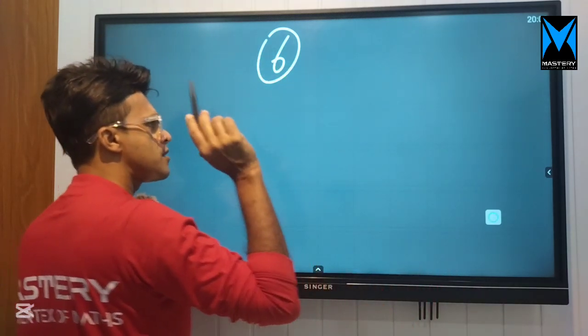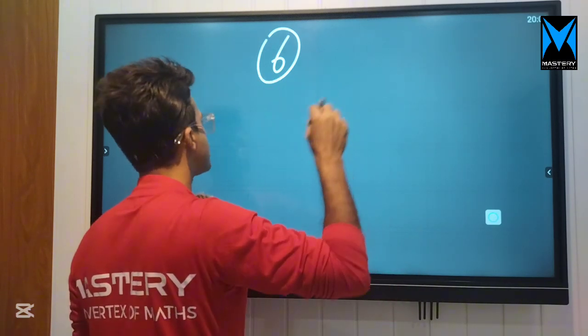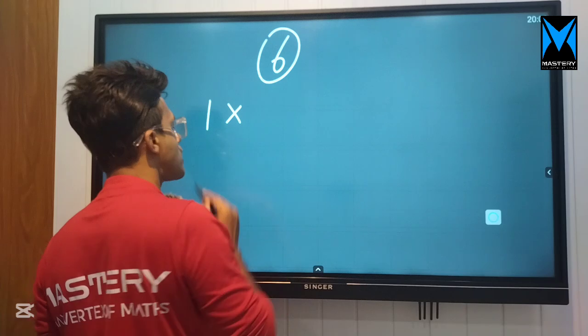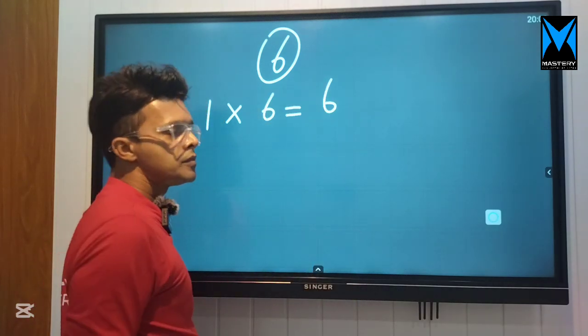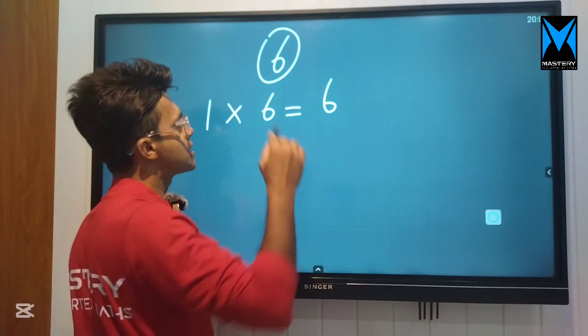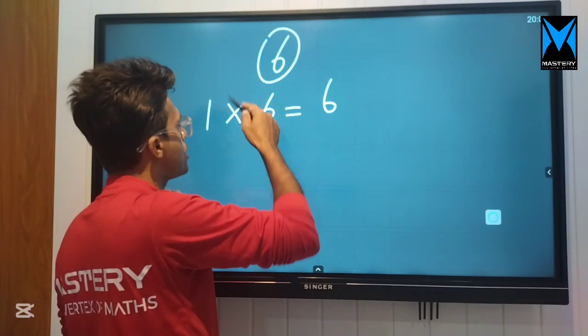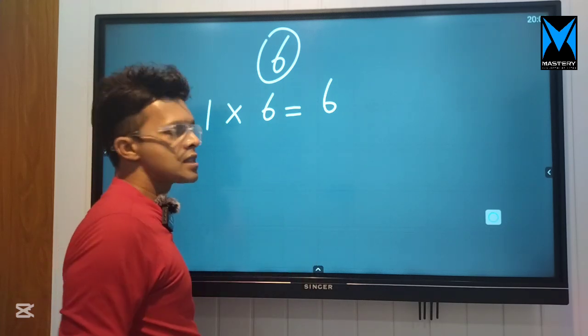First of all, my suggestion is that you need to think of the digit 1. You know that when you take 1, then 1 into 6 equals 6. Another method is the method of division: you could divide 6 by 1, and you get 6. Anyway, 1 into 6 is 6.